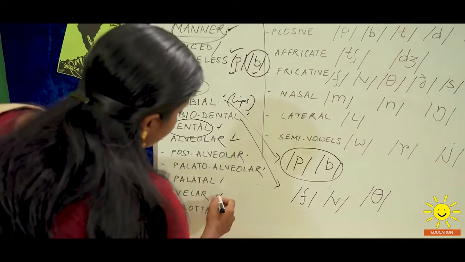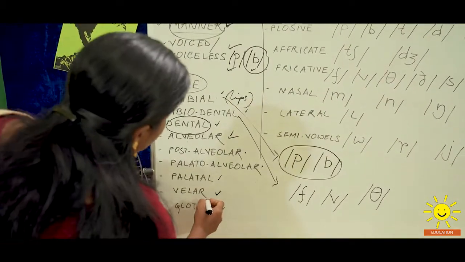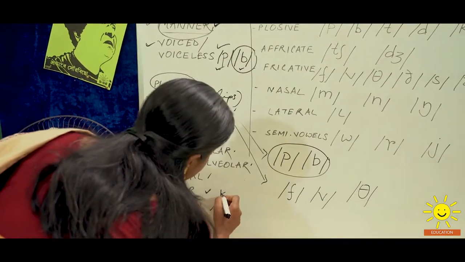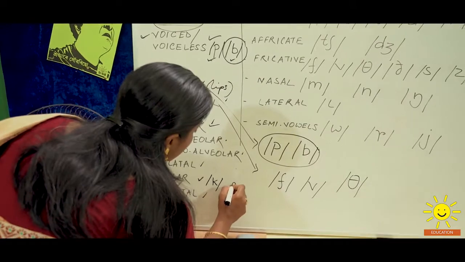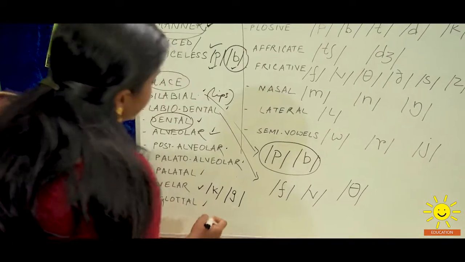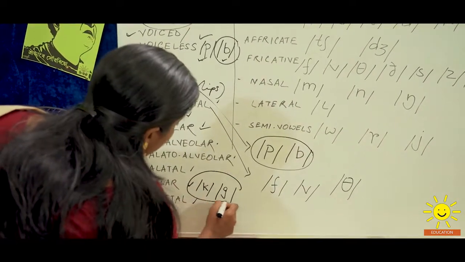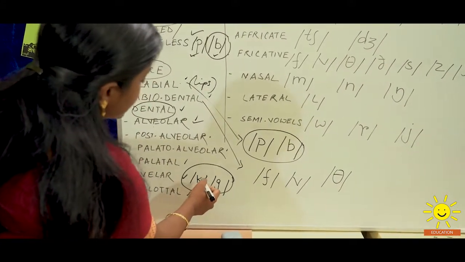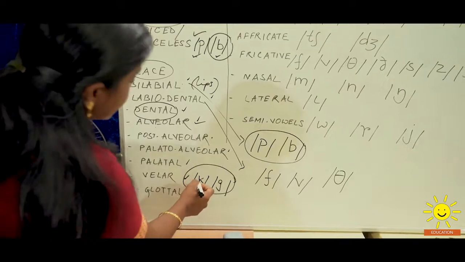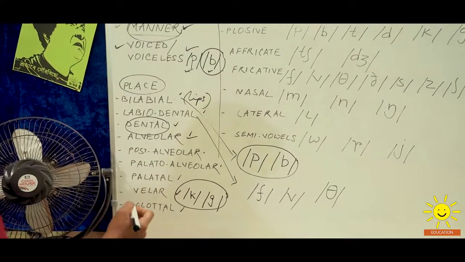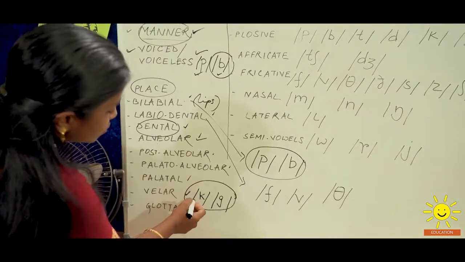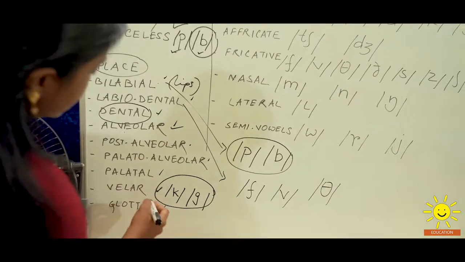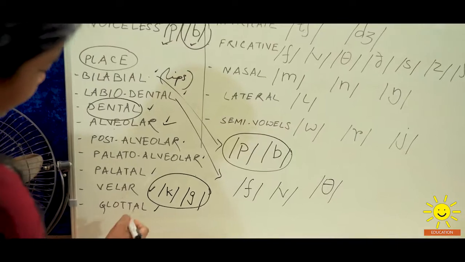Velar sounds are when the back part of the tongue is raised against the soft palate, for instance, k, g. These sounds are velar sounds. I repeat, when the back part of the tongue is raised against the soft palate, it is known as velar.